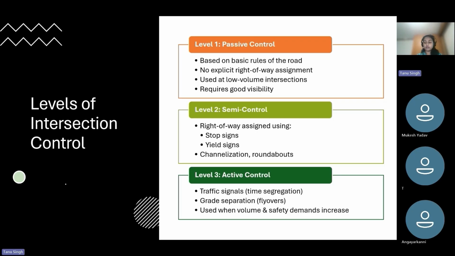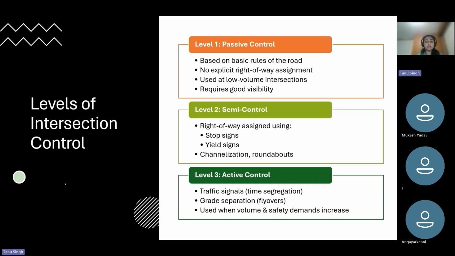For passive control, there are no signals, no stop signs, no yield signs. Drivers follow basic traffic rules such as giving priority to vehicles already in the intersection or to vehicles approaching from the right. This is only suitable when there is a low volume intersection with good visibility.